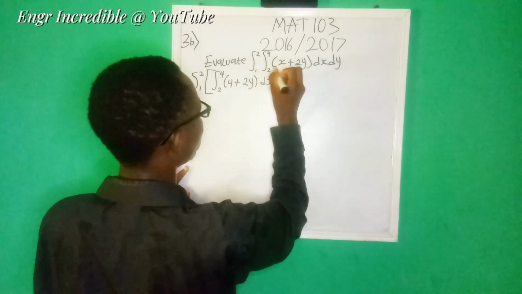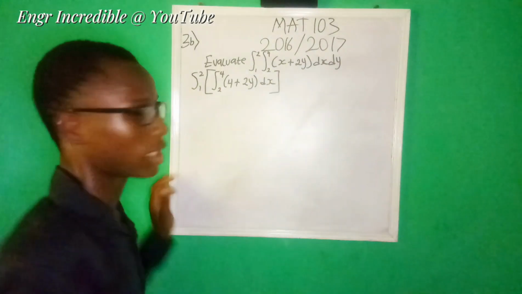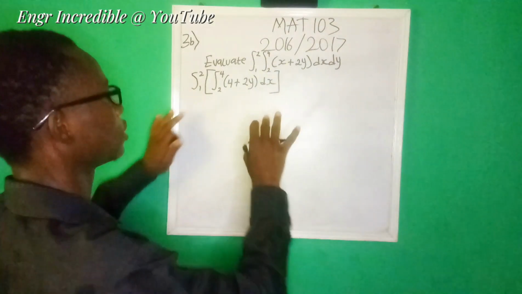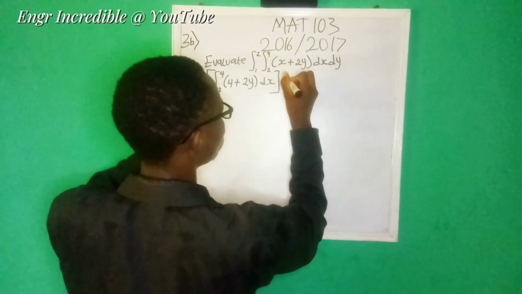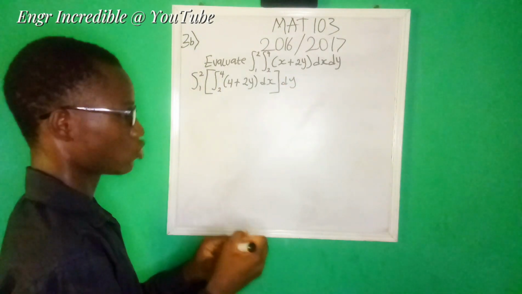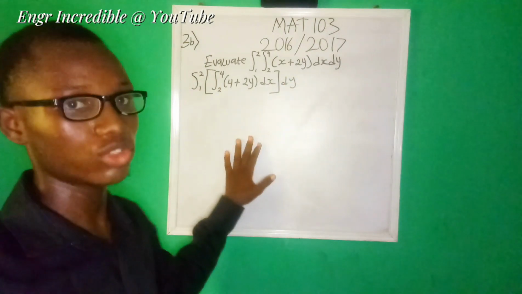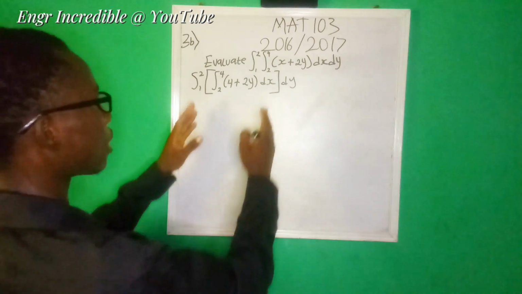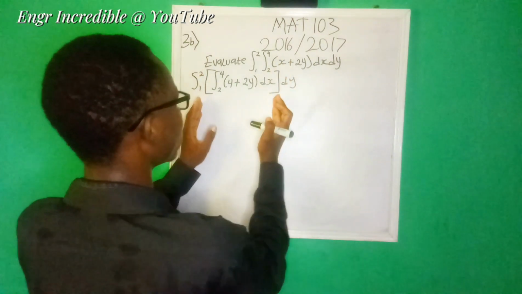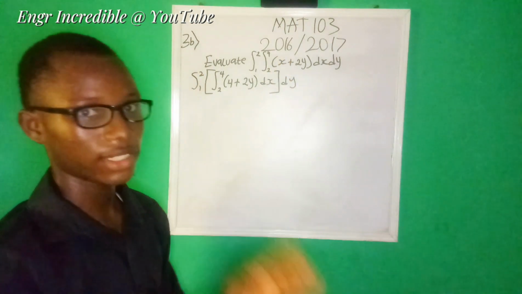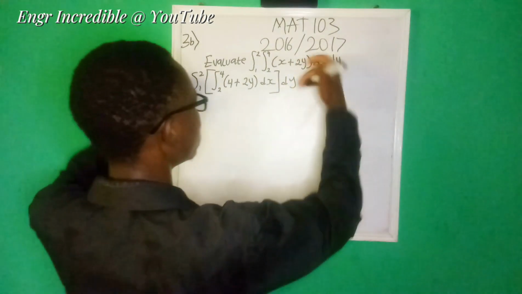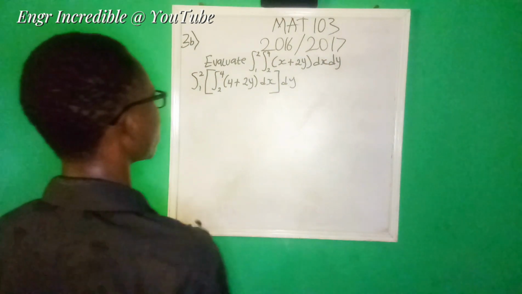Then we close the big bracket and write our dy outside. From here it should be a little bit clearer. We are going to solve the one inside the bracket, then when we get our final answer, we integrate it again using dy.